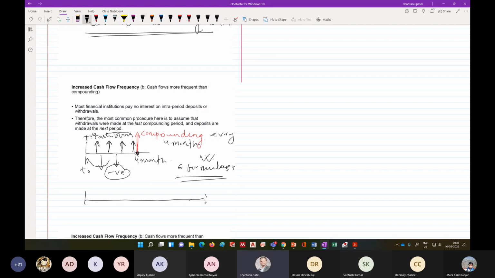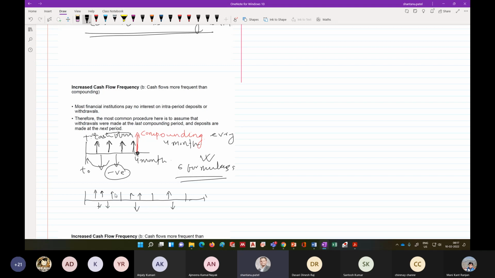So let's say we have the first compounding period, second compounding period, third compounding period. And we are getting some cash flow here, some negative cash flow here, positive cash flow here, some negative cash flow here, positive cash flow, let's say negative cash flow.